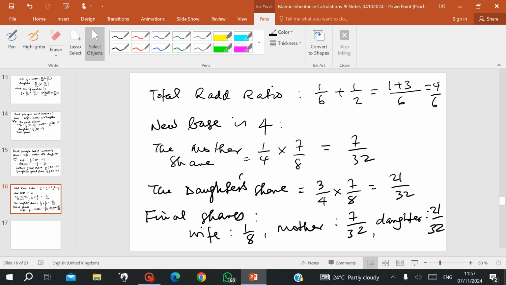So you just bring down the person you have already assigned his or her fixed share, and then the new shares you've calculated from the new base. So that is why you now have from wife 1/8, and then mother 7/32, and then the daughter 21/32. So you have the same result as we have before.